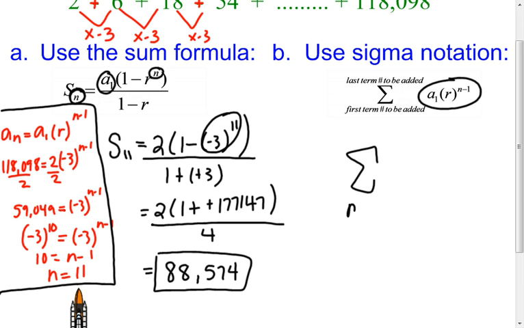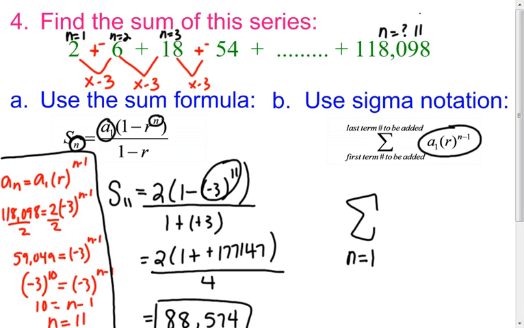So in this case, I'm summing up from the first term to the, and remember, I didn't know what term number this was, so I had to use this part in red over here on the left to figure it out. Whether I use the sum formula or sigma, I'm going to have to do that part in red and use the old school formula and figure out what n was. I used my formula and figured out that it was the 11th term.